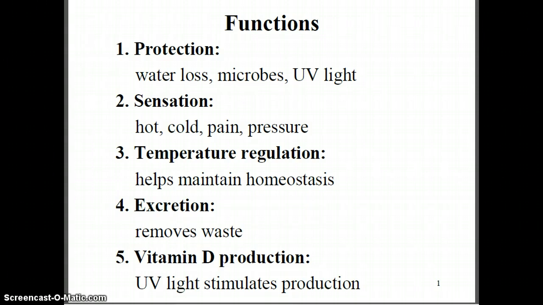If you notice, you generally receive infections along a cut of your skin where the epithelial layers have been compromised. And it also protects us from ultraviolet light with the melanin that is produced, and we'll get back to that later.